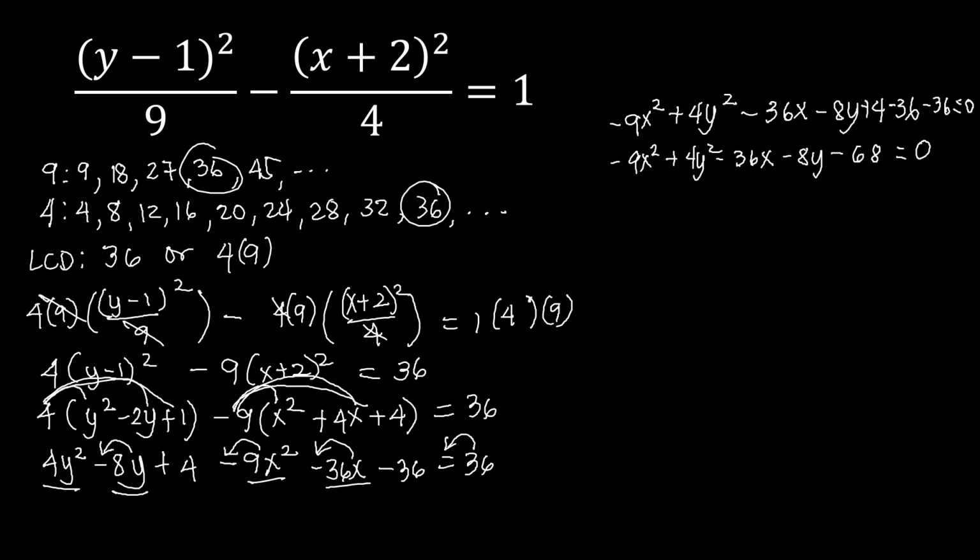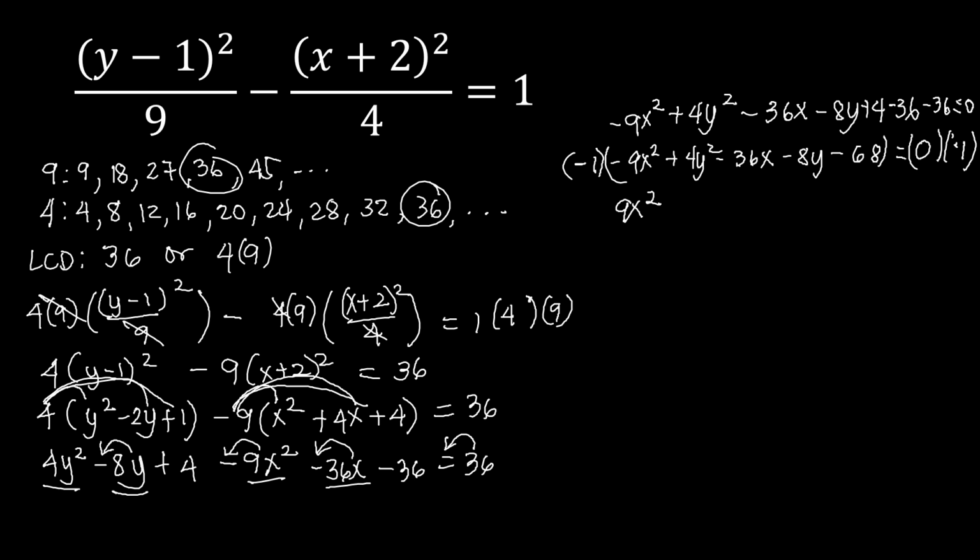So we're not yet done because our 9x squared is a negative. So we must always have a positive on that one. So we are going to multiply or divide this by negative 1 so that it will become positive, and also on the 0. So this will change all the signs in the equation. So from negative 9x squared, that will become 9x squared.